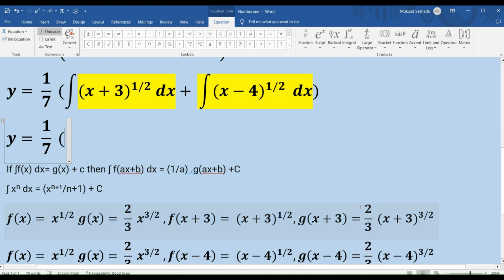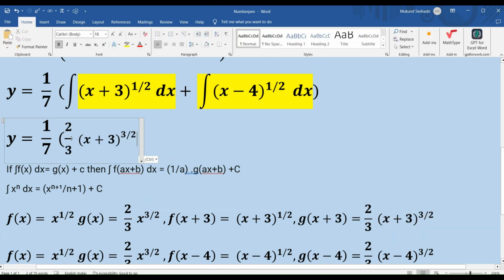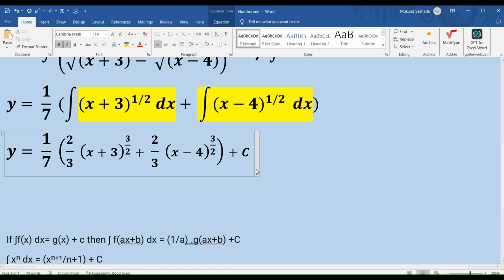I can ignore my 1 by a because it is 1. And I already worked out my g of ax plus b, which is 2 by 3 times x plus 3 the whole power 3 by 2. And similarly, I have this for the second expression as well, which is 2 by 3 times x minus 4 the whole power 3 by 2. So there we are.